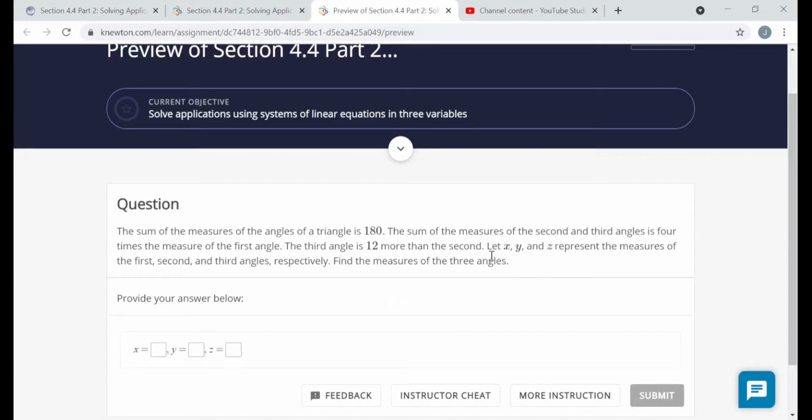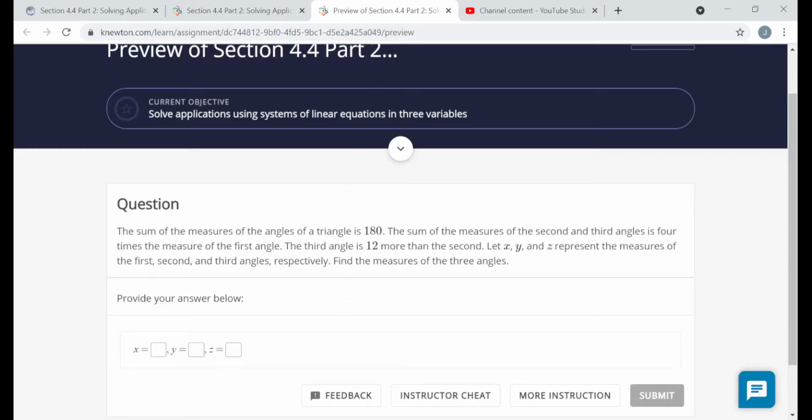Then, using those variables, those expressions you assign, read back through the problem and set up equations or inequalities or whatever. Here it's going to be three equations, right? We're going to have three unknowns, and our sentences in these problems should help us set up three equations. And then we'll solve these systems of three equations and three variables, just like in section 4.4 part 1.